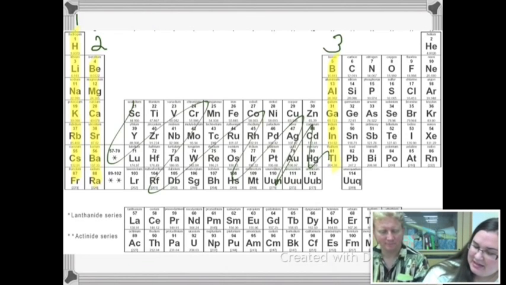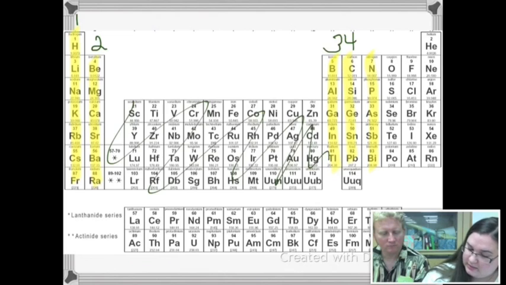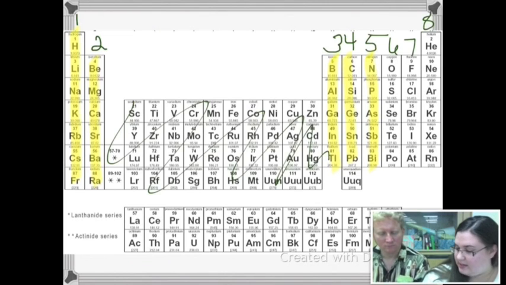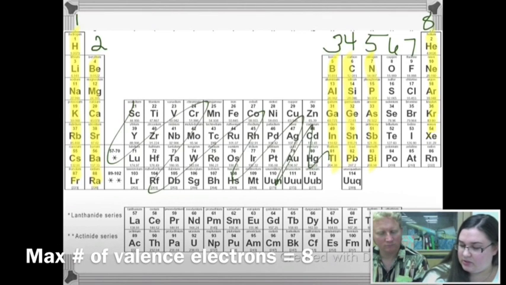Group 4 or 14 has 4, 15 has 5, 6, 7, and 8 as you go. The maximum number of valence electrons that you can have is over here on your noble gas column. You can have 8 and you're full. You can't have any more valence electrons than 8.